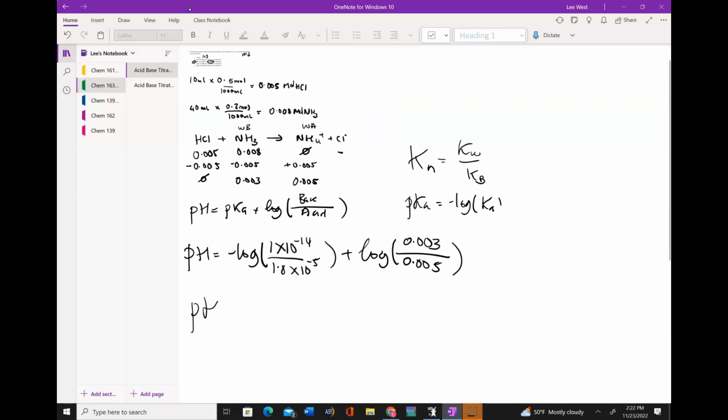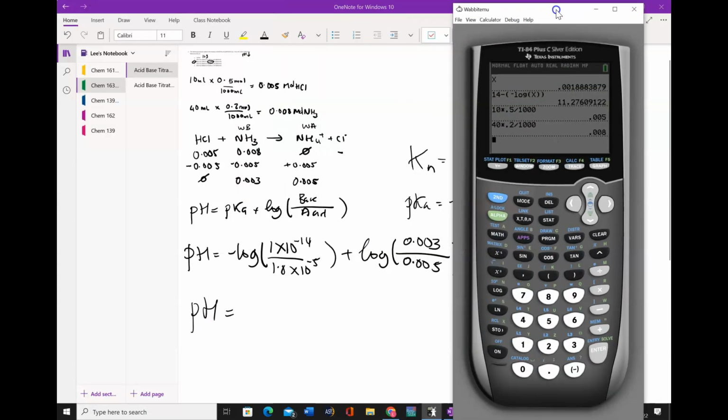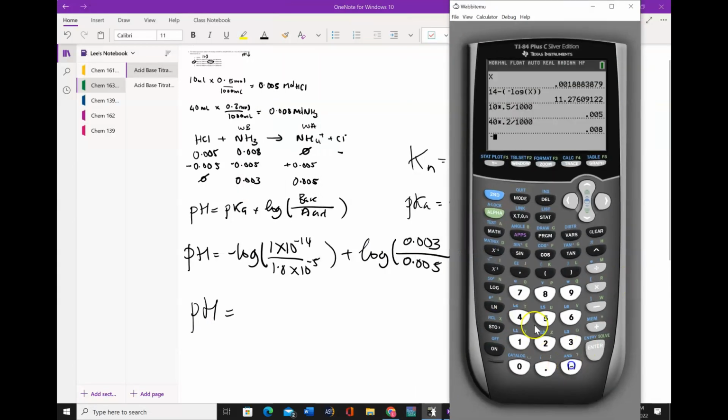So when I put all of this into my calculator, let's see what we get. Negative log of 1 by 10 to the minus 14 over 1.8 by 10 to the minus 5, plus log 0.003 on 0.005, and fingers crossed it's less than 11.3.